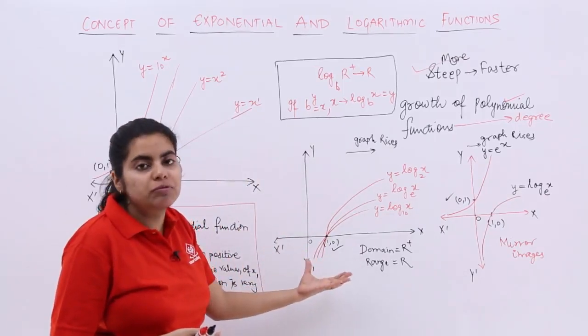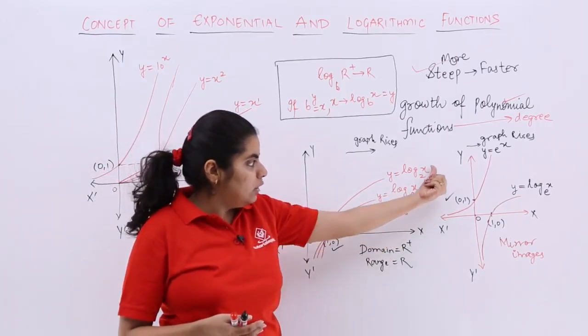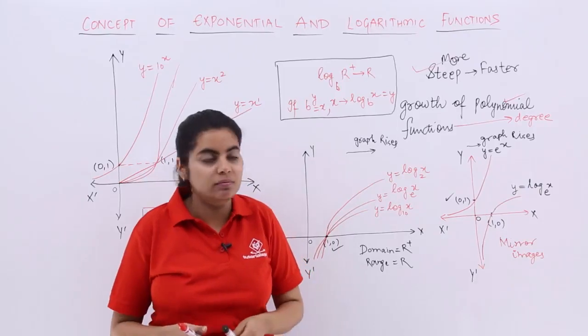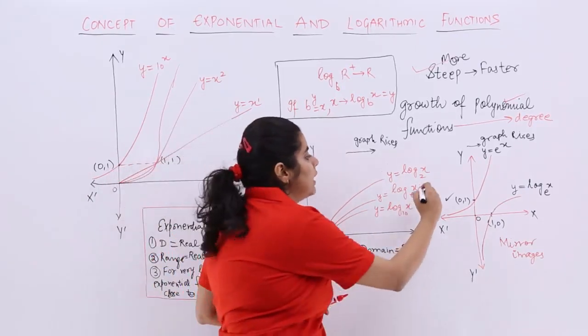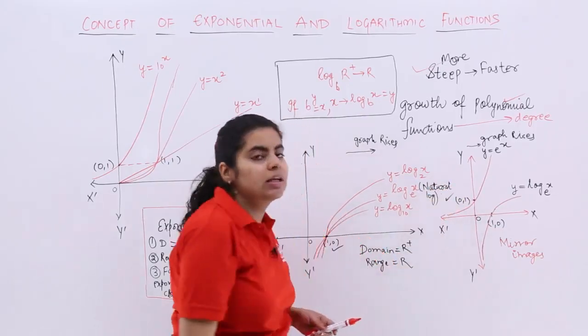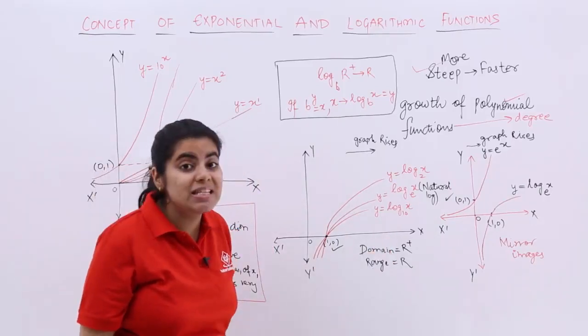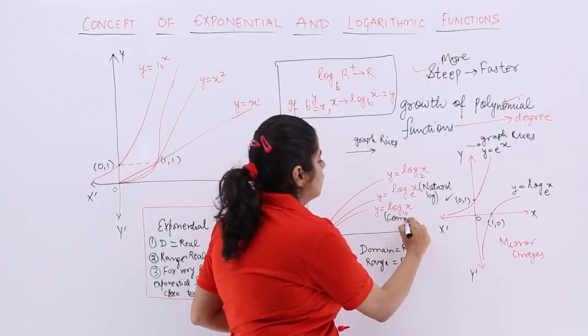It shows the logarithmic functions, log x to the base 10, log x to the base e, log x to the base 2. Whenever you have base e, it is called as natural log, that you need to know. Natural log. Whenever you have base 10, it is called as common log.